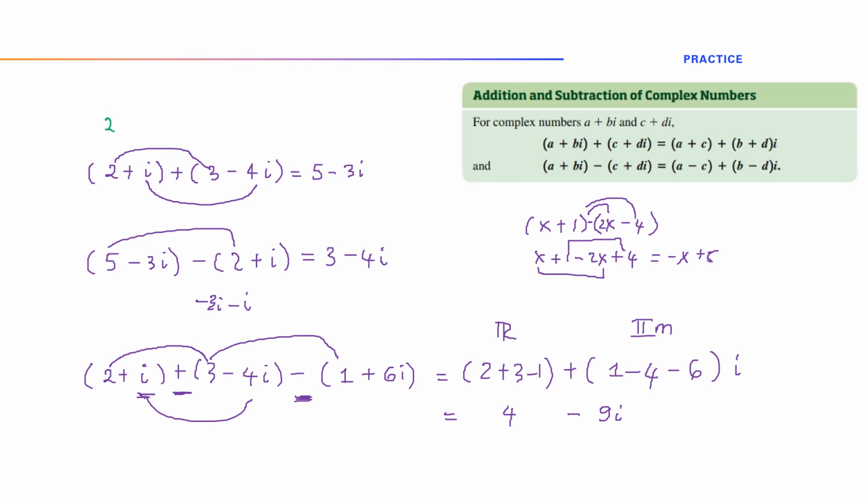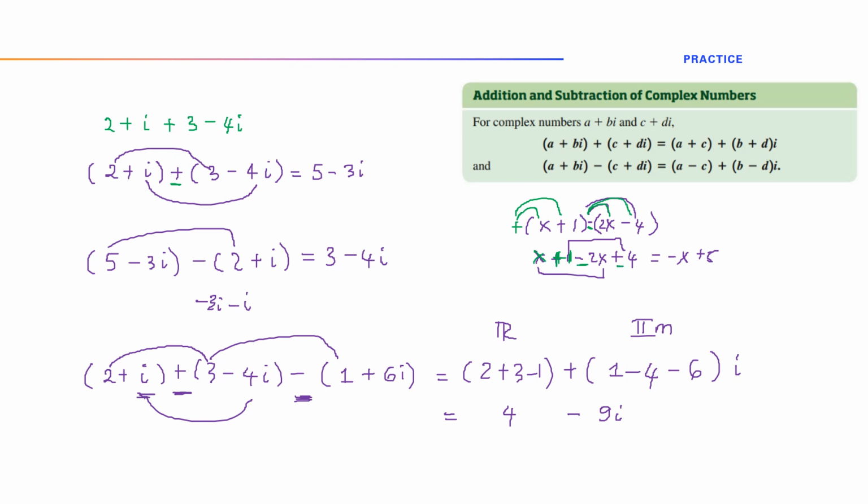Let's say we have 2 plus i right here, and because of the plus, we open the parenthesis with 3 minus 4i. Since there is a positive in the front, when you distribute, it will be the same as x plus 1. It doesn't change any sign of the terms inside the parenthesis. But if it's negative, when you distribute in, it will change the sign.